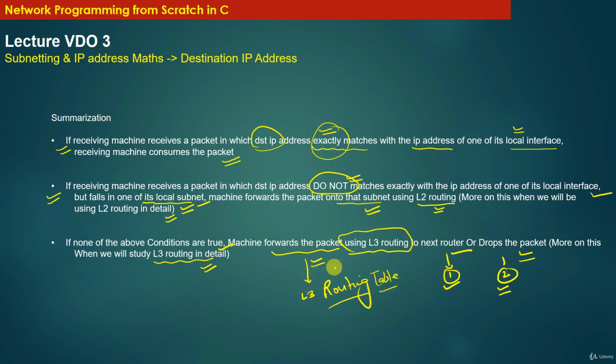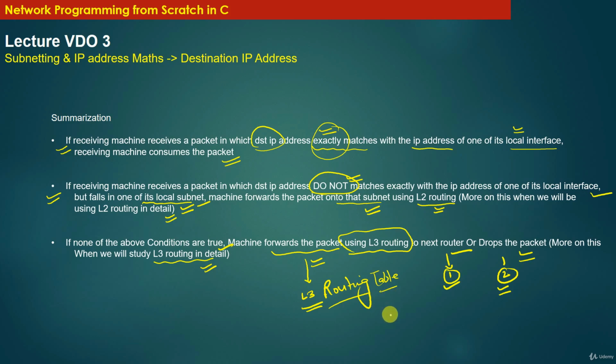And if that particular entry is not present in the L3 routing table of the router, then the router does not know where to forward the packet. So the router is not the consumer of the packet, the packet does not belong to any of the local subnets of the router, and the router does not contain the entry to the remote subnet to which the packet belongs.